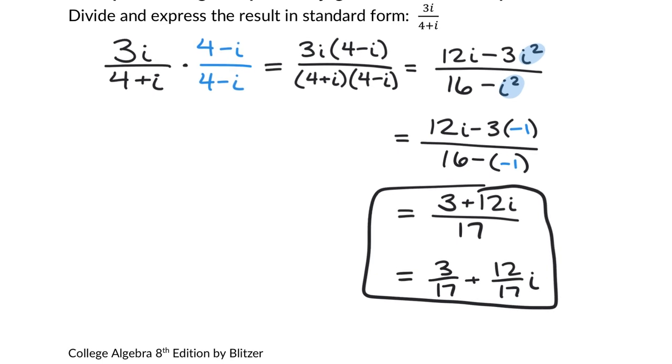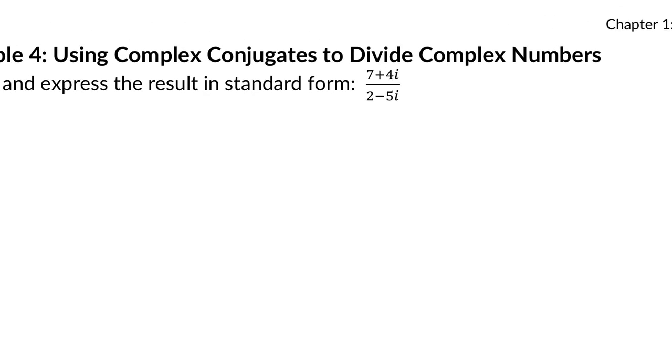Because the next one gets a little crazy. Can we try another one? On the back page. Okay, now we're going to divide 7 plus 4i divided by 2 minus 5i. So if I go to start doing that, I know my first step when I'm dividing these complex numbers is to multiply by the conjugate.